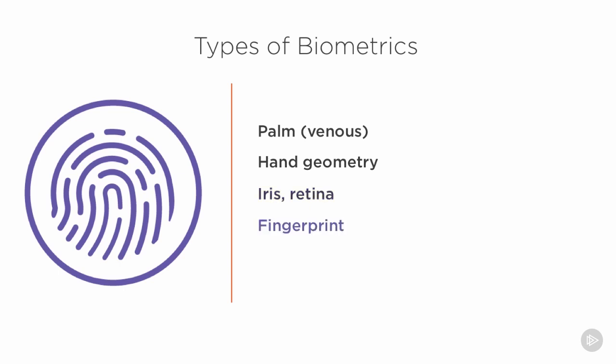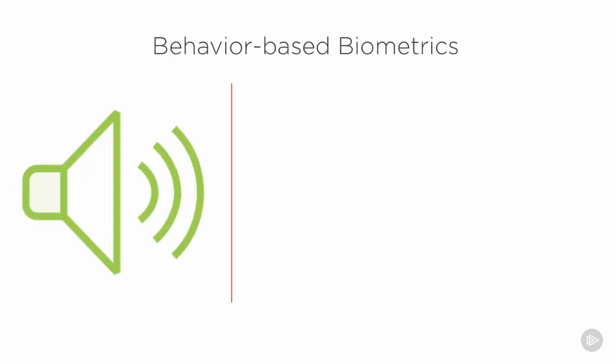Quite often we see the use of fingerprints, and fingerprints are very unique. Looking at the various whorls within the fingerprint, we can match that fingerprint with a very high level of accuracy. We have facial recognition systems that look at the characteristics of a person's face, the distance between the eyes, and so on. And there are also the behavior-based biometrics.